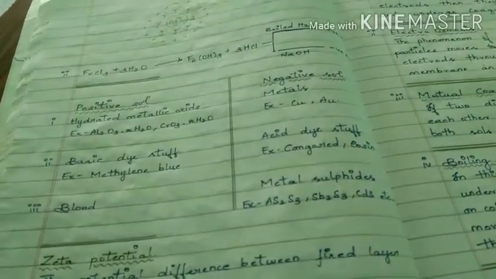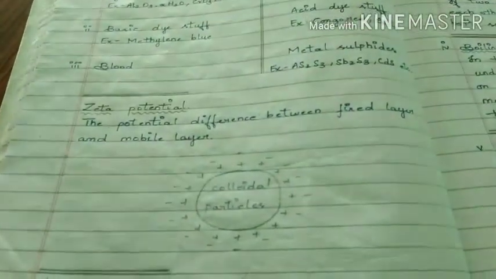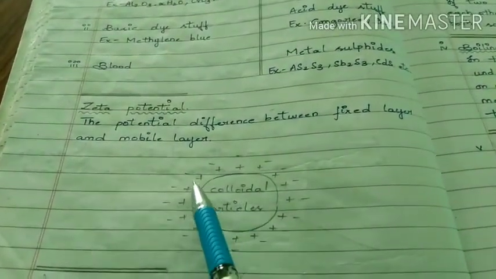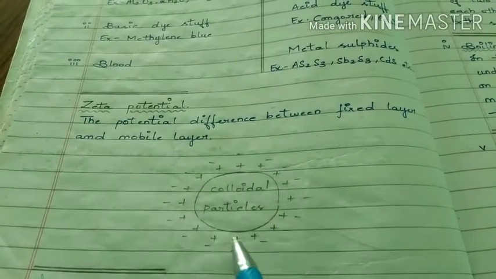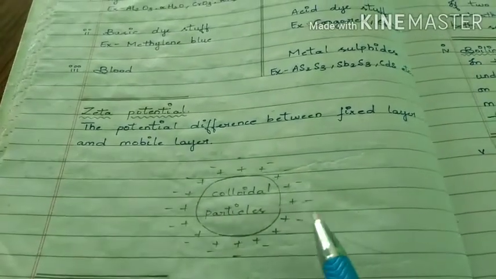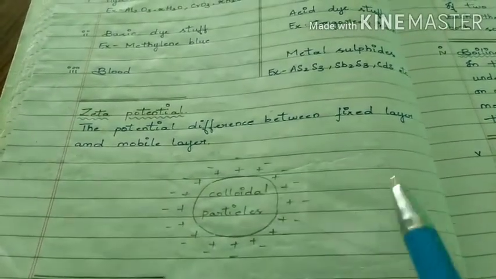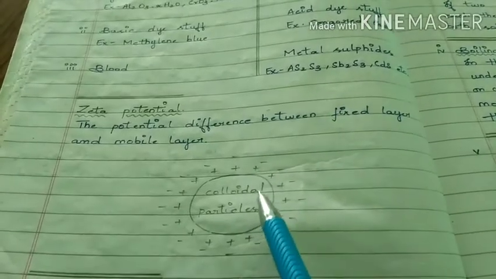Next, the last topic in this chapter is zeta potential. These are colloidal particles. Based on this charge we can say the charge of the colloidal particle. Suppose the charge of the colloidal particle is positive, then that charge is surrounded by the colloidal particle. If the charge is negative, then that charge is surrounded by the colloidal particle.